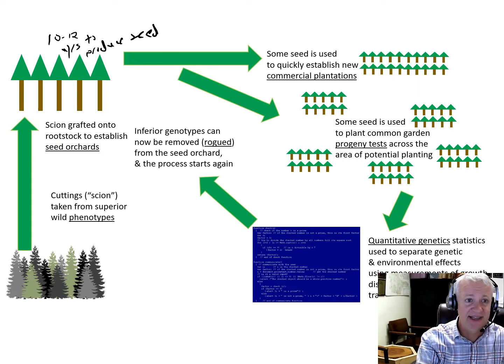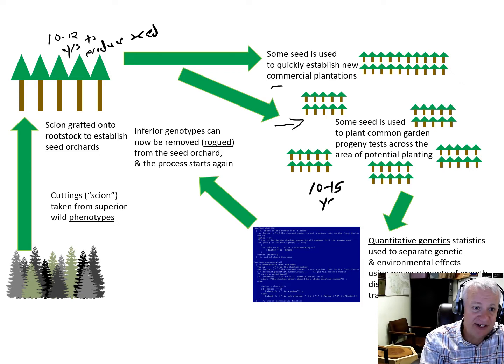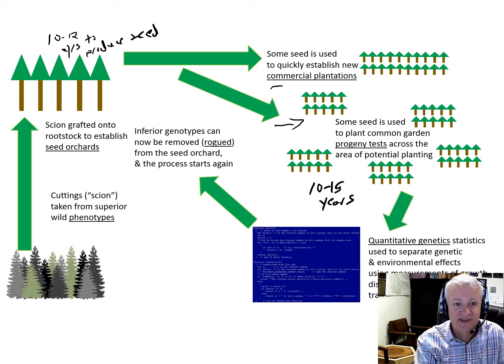Okay, now you've got seed and you establish these commercial plantations and you establish progeny tests. Well, those progeny tests have to grow some period of time. You have to establish them, and they have to grow some period of time until you can evaluate them. So this step may be another 10 to 15 years, because also you need to have enough seed from the seed orchards to even produce the progeny tests.